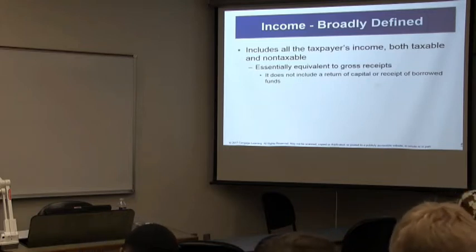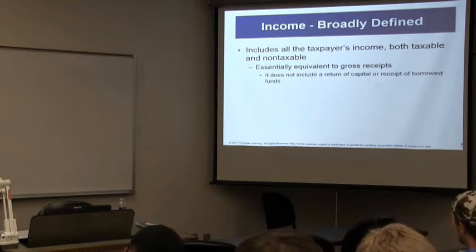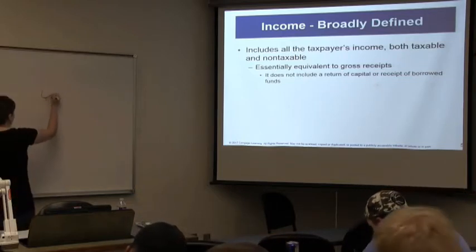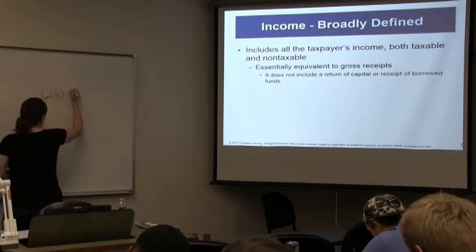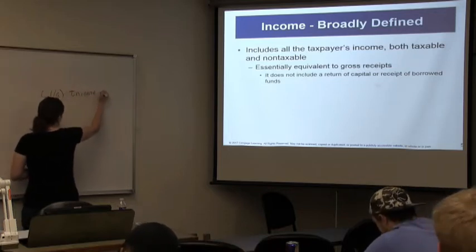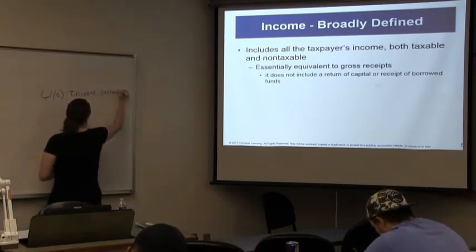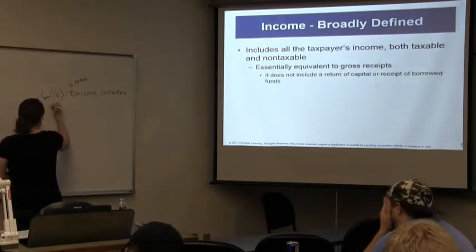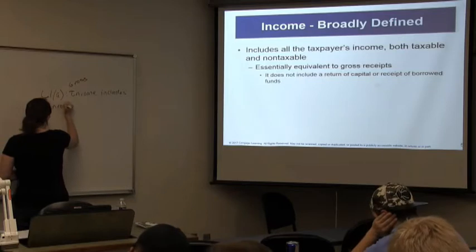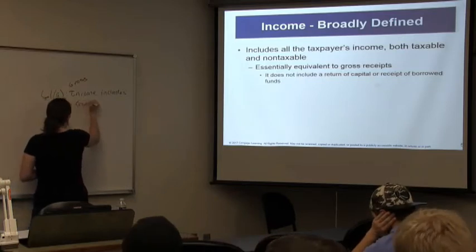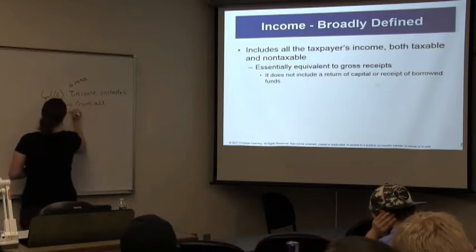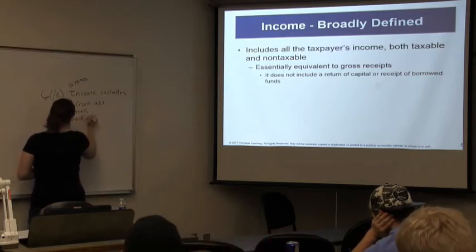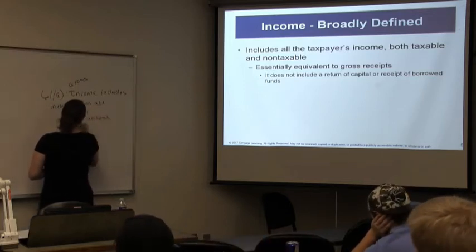Income, broadly defined. Income pretty much includes everything. In fact, Section 61(a) of the code says income includes gross income from all sources derived, unless there is an exception.